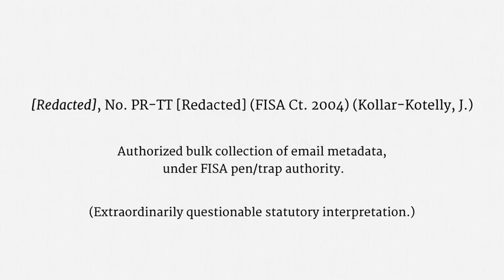I hope you recall from the material on FISA pen trap orders that Judge Kollar-Kotelly approved this program in 2004. This was really a stretch from the text of the FISA pen trap provisions. In particular, all this procedure about reasonable articulable suspicion and raw data and a station table and a corporate store, it's nowhere to be found in FISA.